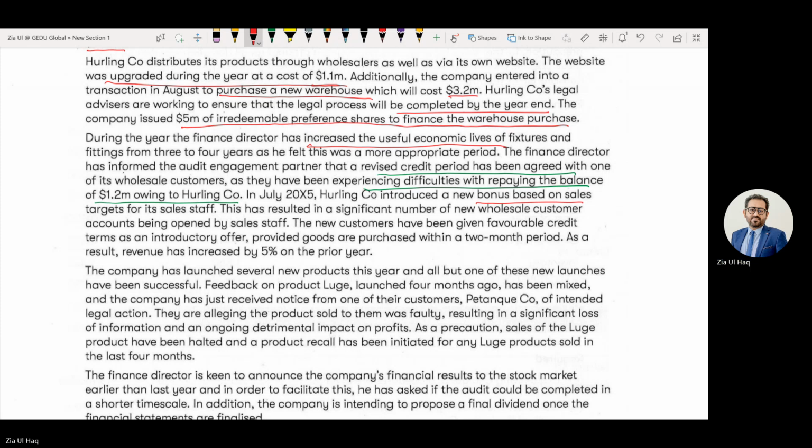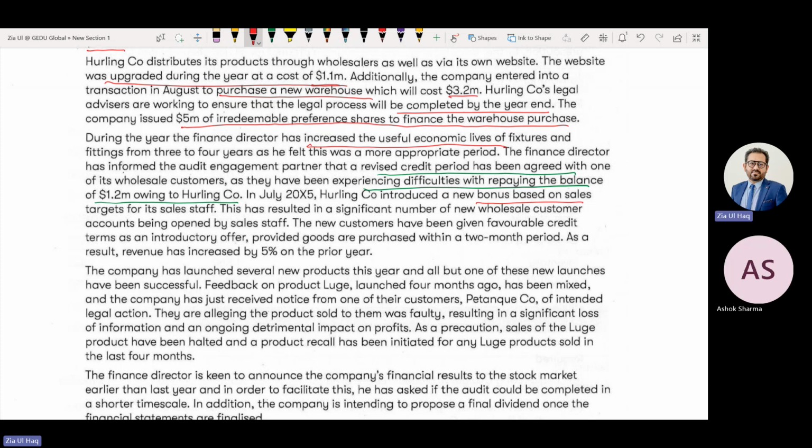The new customers have been given favorable credit terms as an introductory offer, and as a result revenue has increased by 5% on the prior year.